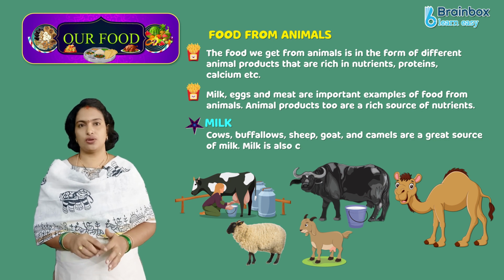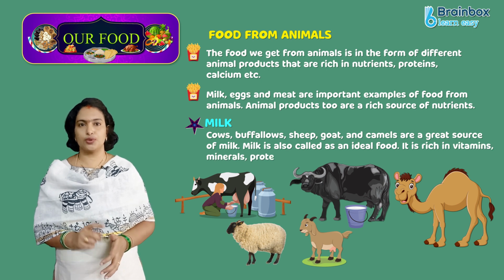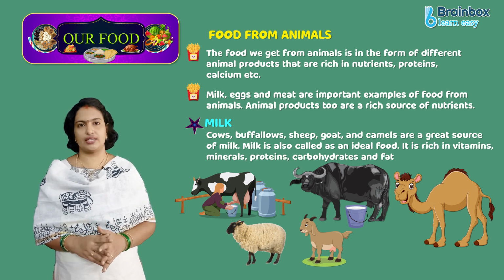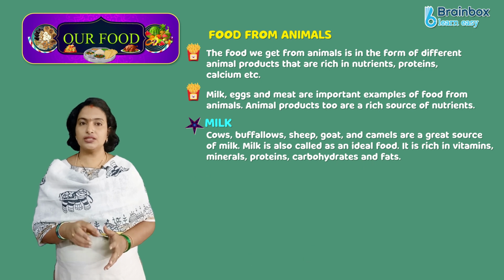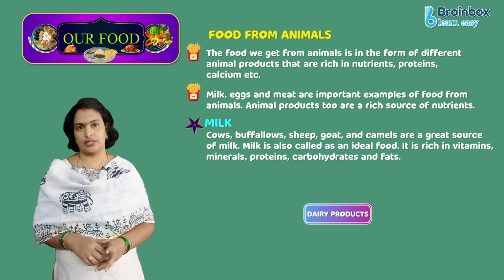So milk is called an ideal food because it is rich in vitamins, minerals, proteins, carbohydrates and fats. And the milk is also converted into other useful products. So there we say it as a dairy product.